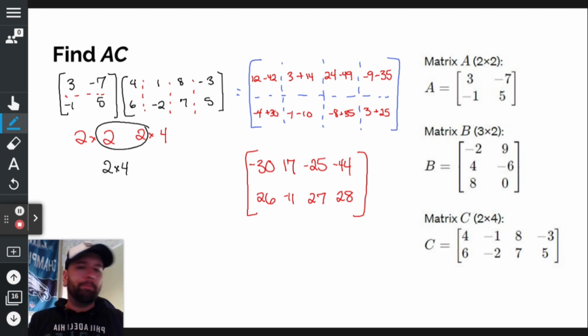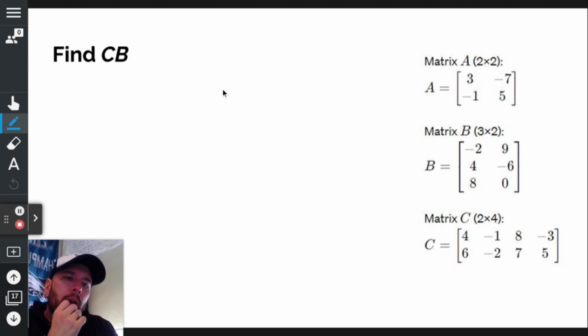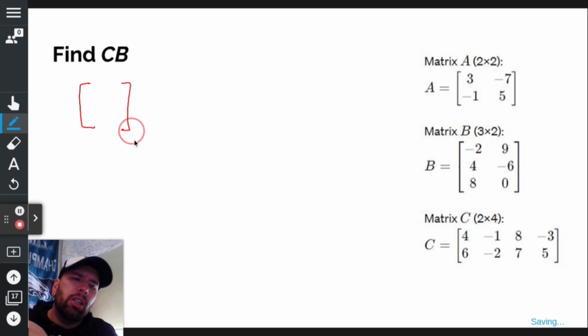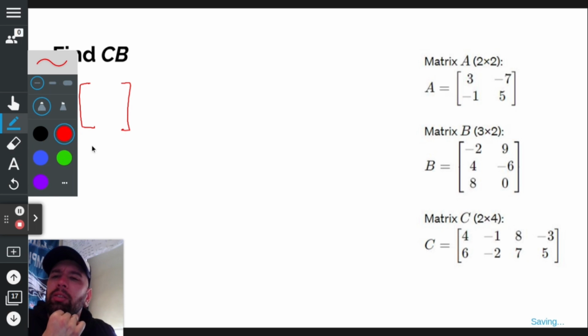Let's do a few more. How about CB? C, I'm not even going to write it out. C is a 4 by 2. No, it's not. It's a 2 by 4. Boy, would that change things.